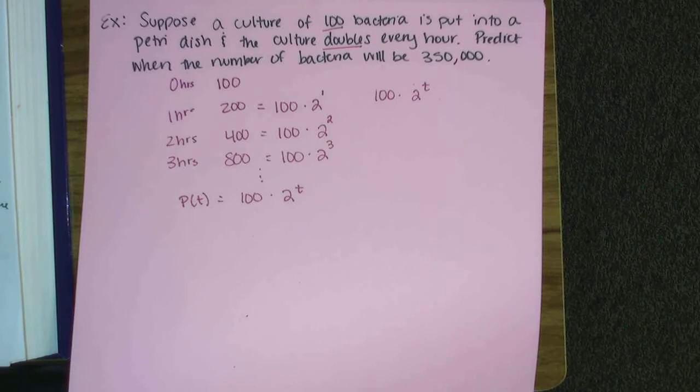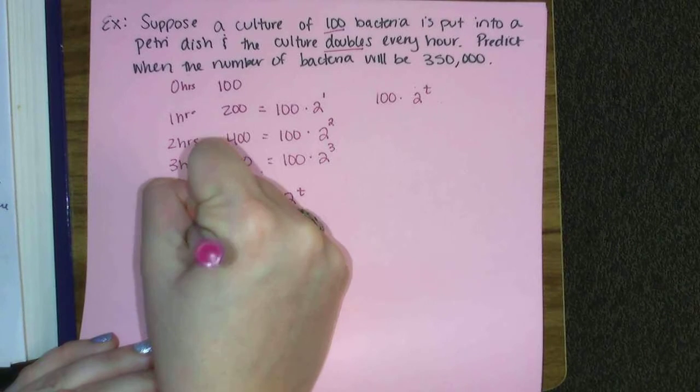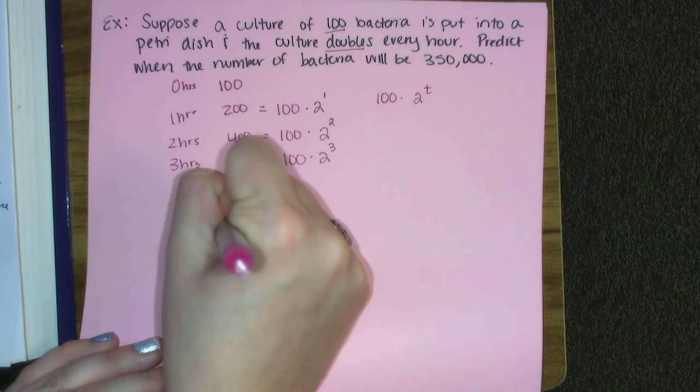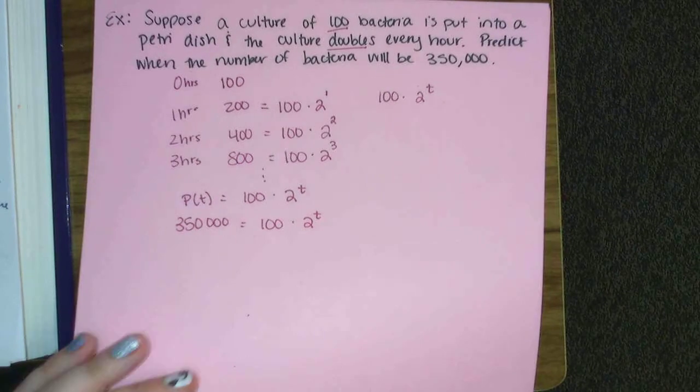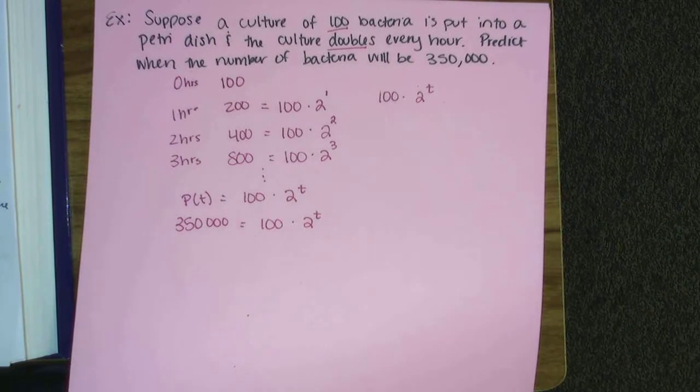Okay, and I want to know basically when P of t is 350,000. So I'll replace the P of t with 350,000 is equal to 100 times 2 to the t. So I need to solve for t. How would I do that?